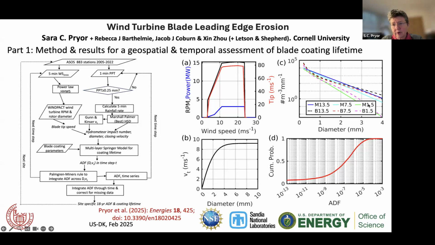The first one is Marshall-Palmer, and I'm simply showing here for different rainfall rates what the number density of droplets of different sizes are. So I can say for a 2 millimeter droplet, how many of those are available in a cubic meter of air, and this per millimeter is just our normalization. So we are taking care of the bin width, if you like, the range of diameters. In the engineering community, the droplet size distribution that's most widely used is, as you know, the Best size distribution.